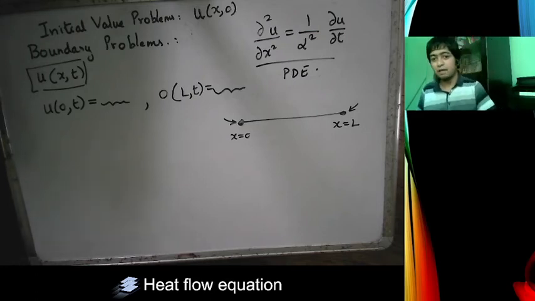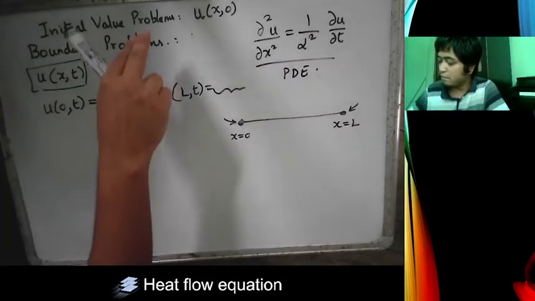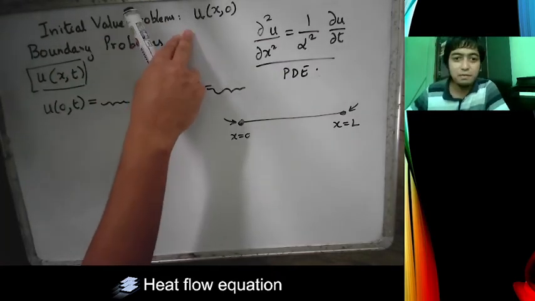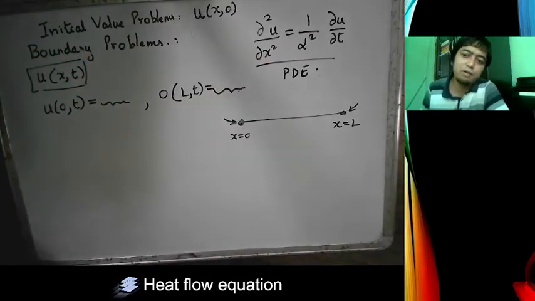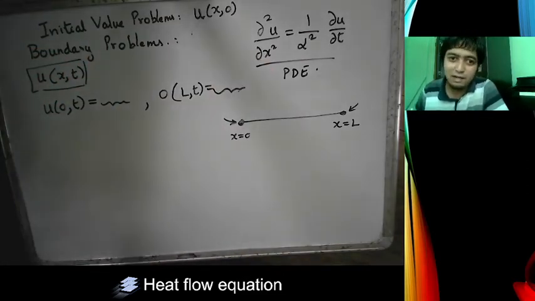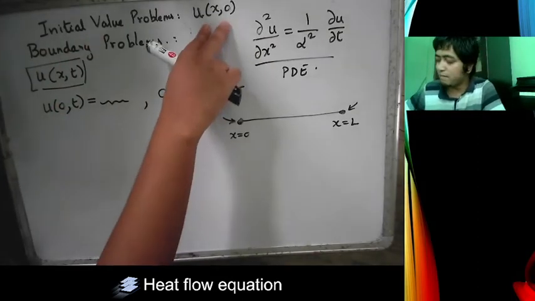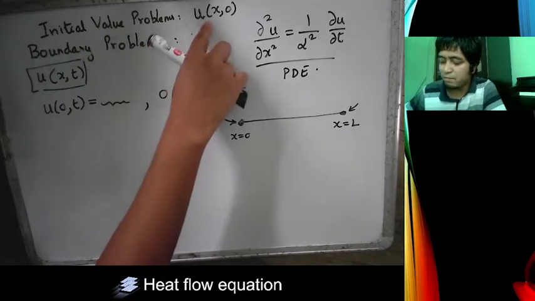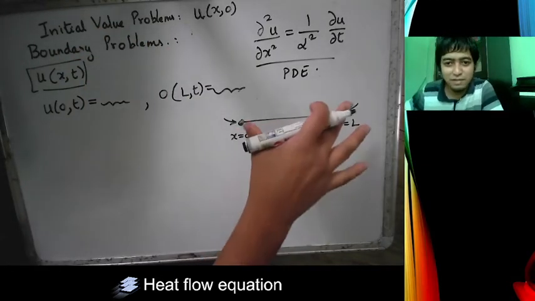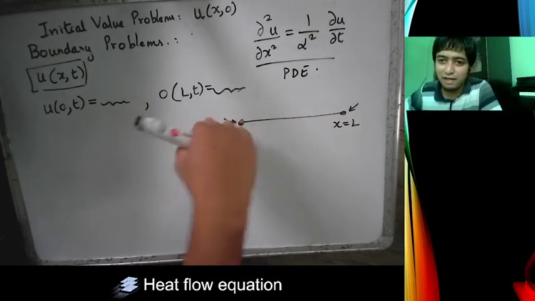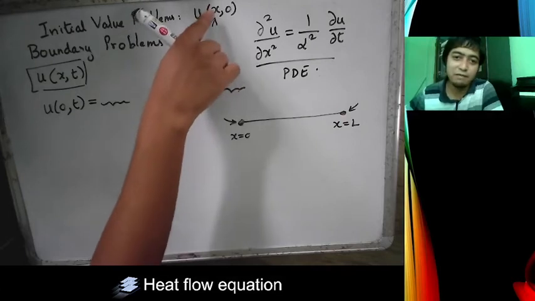But sometimes initial value problems and boundary problems in this heat flow equation can be described in some other way. Over here, with the initial value problem u(x,0), we are specifying the heat of this rod initially at each and every point. We did not specify what the value of x is.